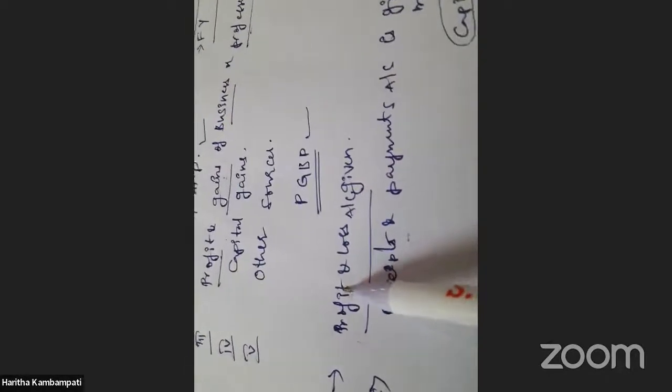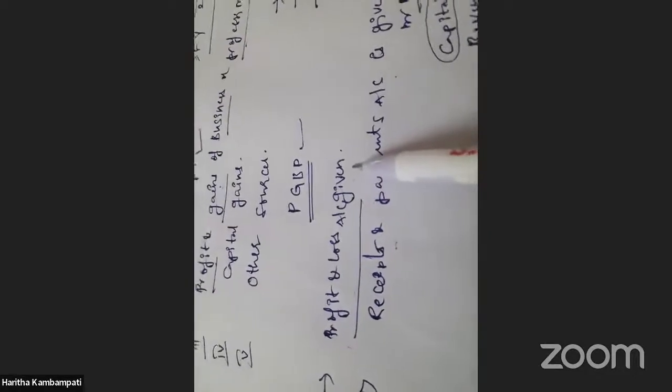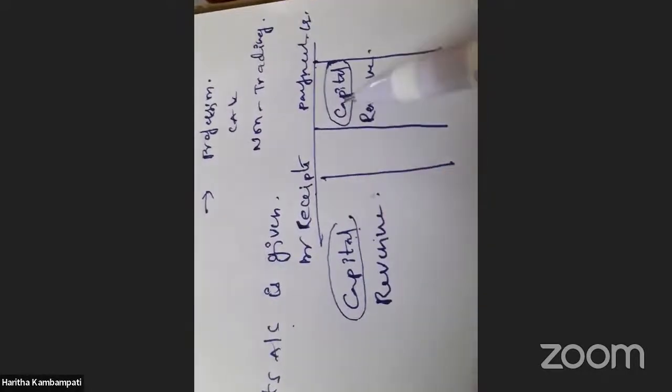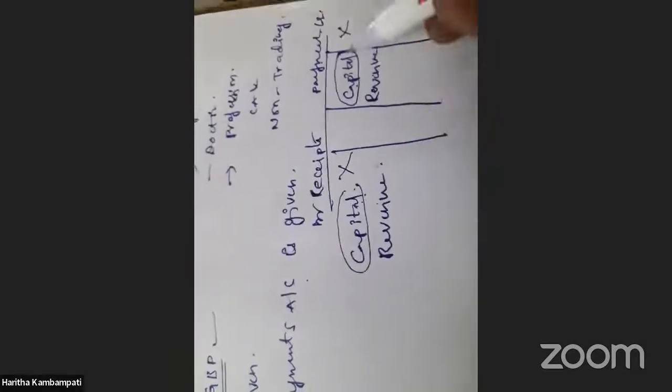So, first, we have to observe whether they are giving a profit and loss account or a receipts and payments account, because the computation of taxable income from PGBP is different for each. So now we are discussing in this class the method when a receipts and payments account is given. As capital receipts and capital payments are not considered according to the Income Tax Act, we have to make adjustments regarding this.